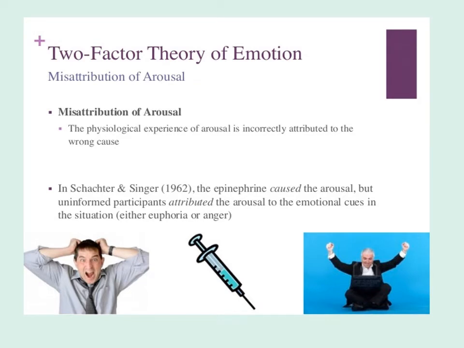This two-factor theory of emotion, two factors because it involves arousal plus cognitive labeling, was demonstrated in a famous experiment by Schachter and Singer in 1962, in which participants were given an injection that was either epinephrine, similar to adrenaline, that causes arousal, and they were either told that the injection will make them aroused, or they were told that there will be no arousal effects, that is an innocuous injection.